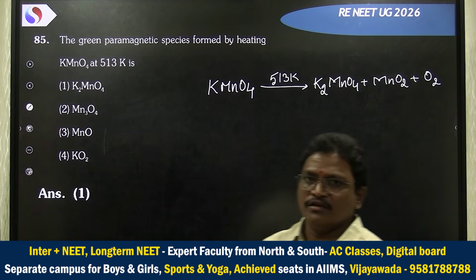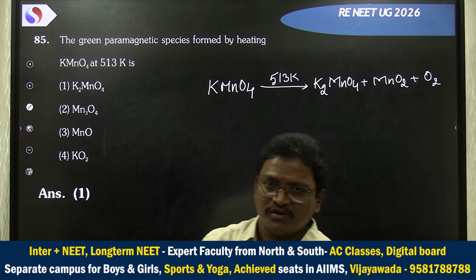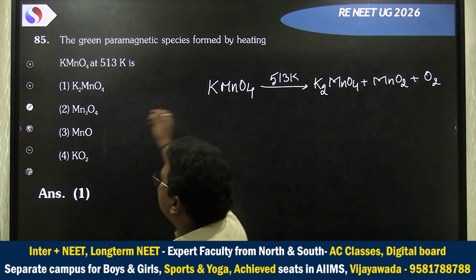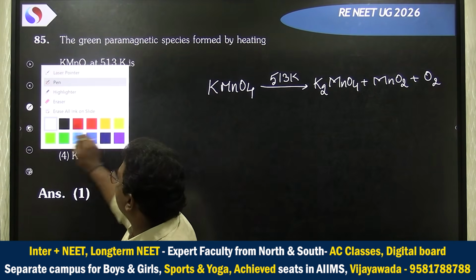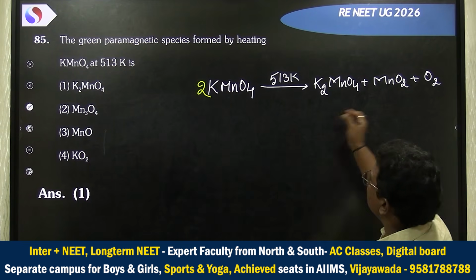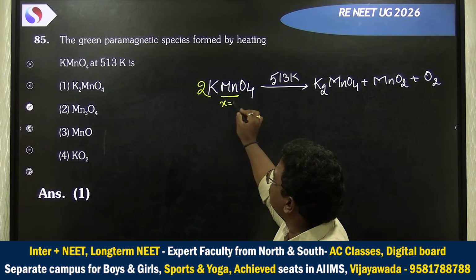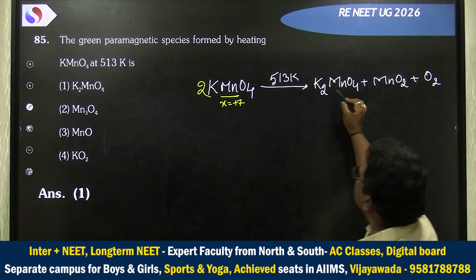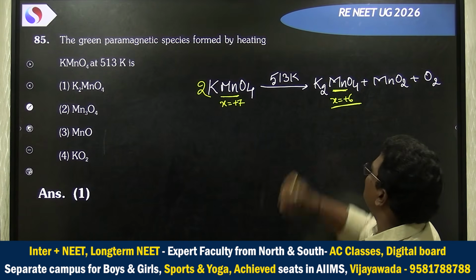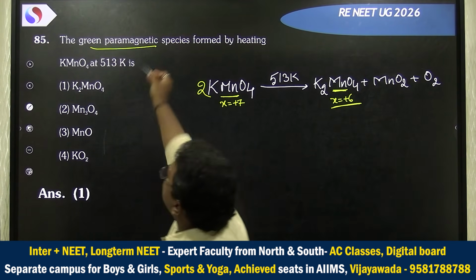We should balance this: 2 moles of KMnO4 are converted. In KMnO4, the manganese oxidation state is +7. In this case, the manganese oxidation state is +6. This is manganate. The question is the green paramagnetic species.